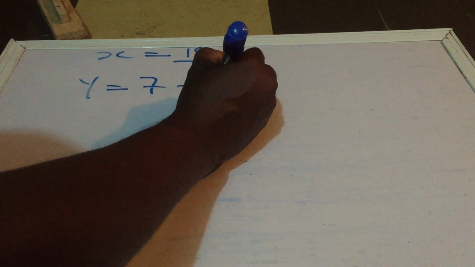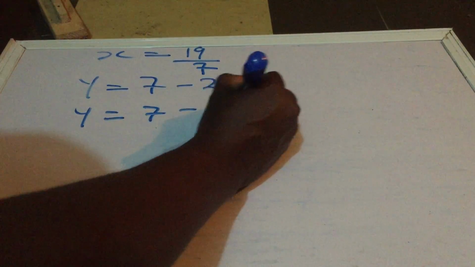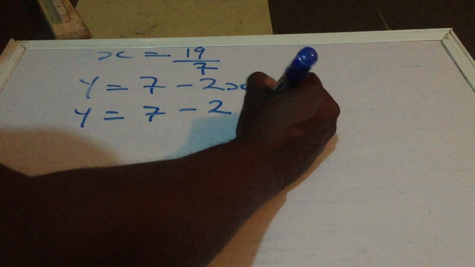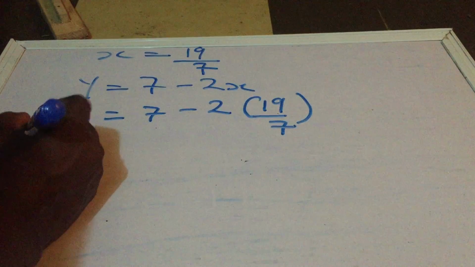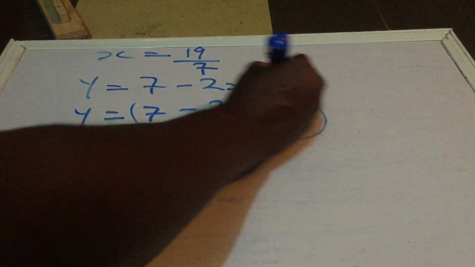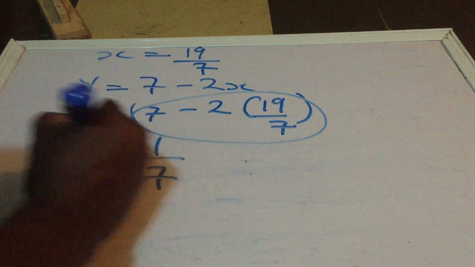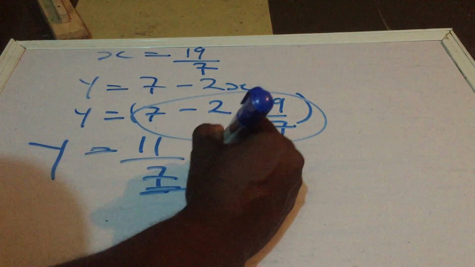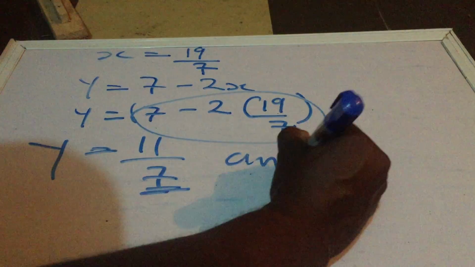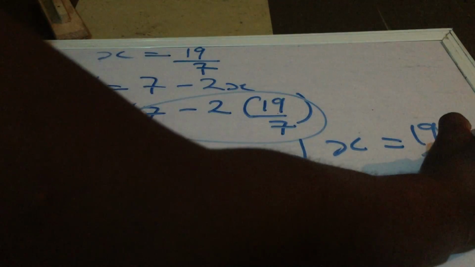Anywhere that I see x, I will put 19 over 7. So y is equal to 7 minus 2 times 19 over 7. If you use a calculator to solve this, it will give you 11 over 7. So y is equal to 11 over 7, and our x is equal to 19 over 7.